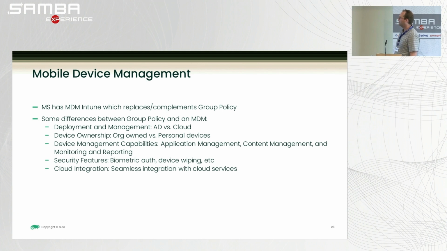Then management capabilities, they're managed differently. Security features: Azure Active Directory with Intune can provide things like biometric auth, from what I understand. And of course, MDM has seamless cloud integration and such, which we don't have anything like yet.